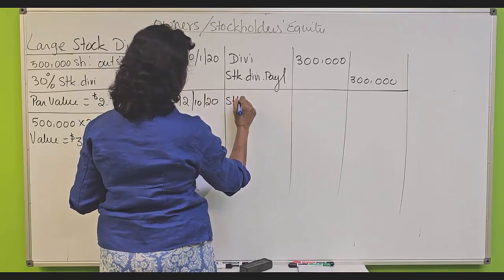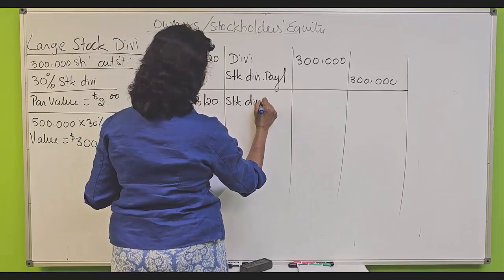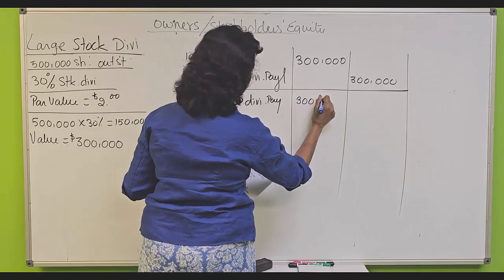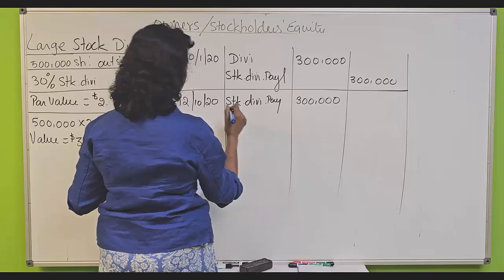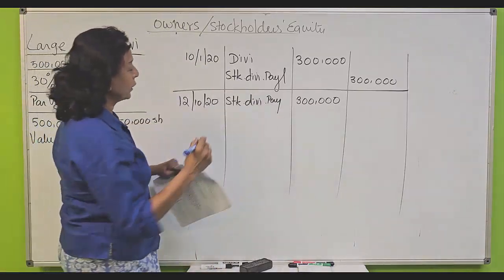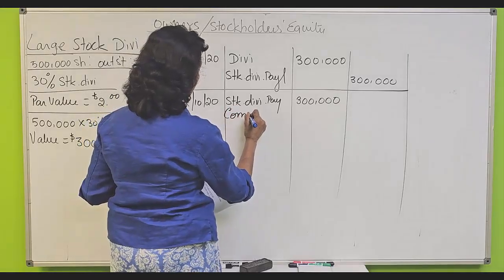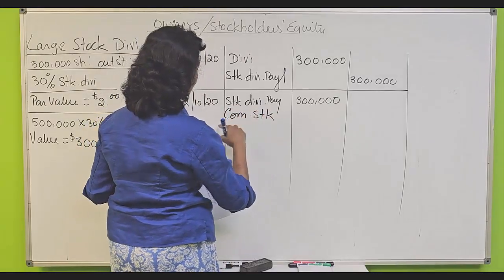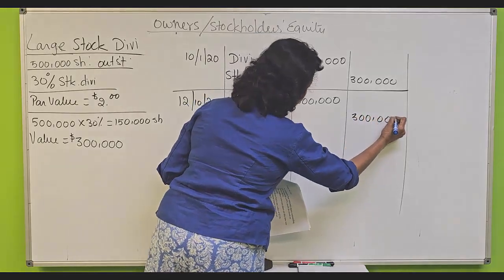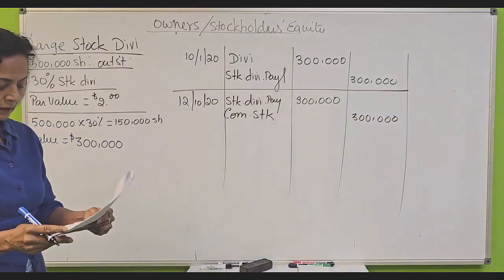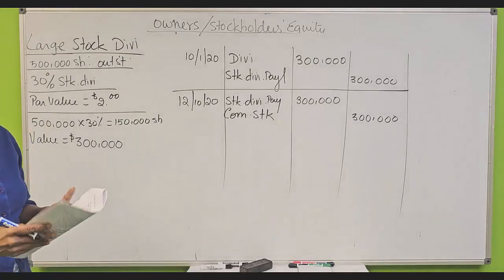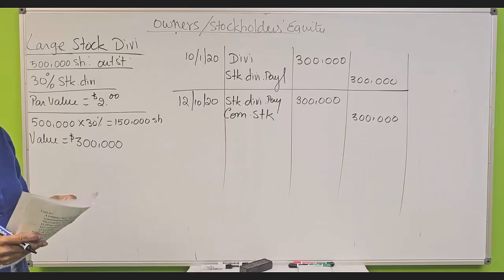So you will debit stock dividend payable $300,000. Remember, this is only the par value. So everything goes into common stock. Therefore, you credit common stock for $300,000. Okay, folks? So if it's a large stock dividend, the value of the dividend is based upon the par value of the stock.